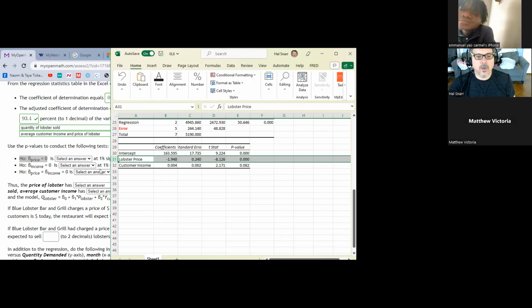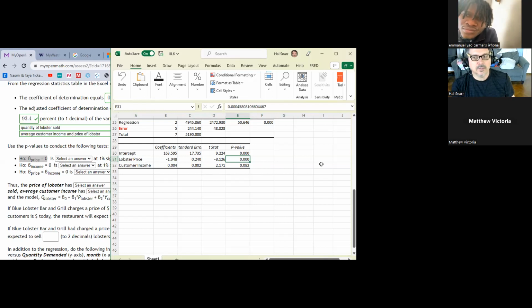Okay. So my p-value is smaller than 1%. What does that mean? This number is big in absolute value. So when the t-stat is big, ignoring the negative sign, that means it's way out in the tail, right?